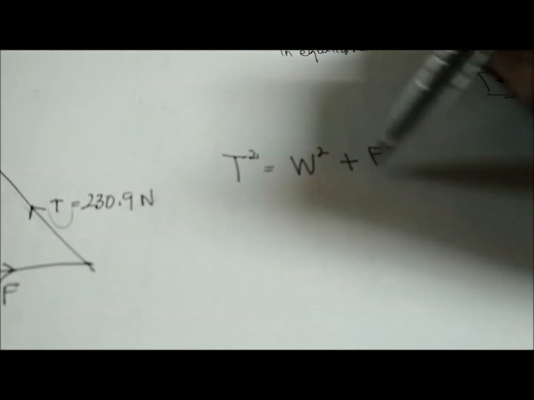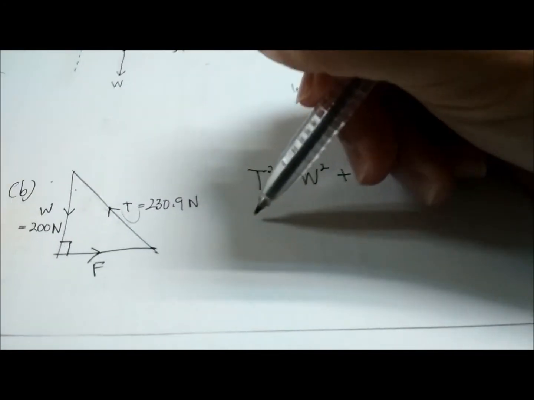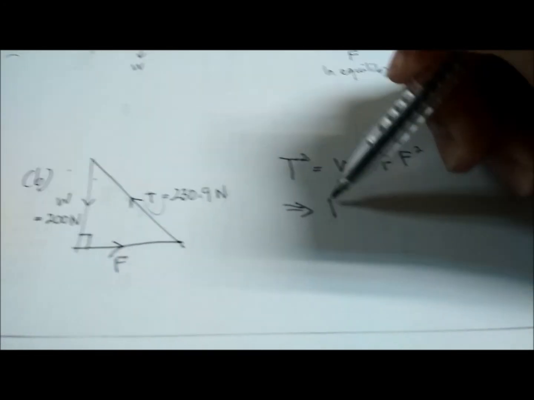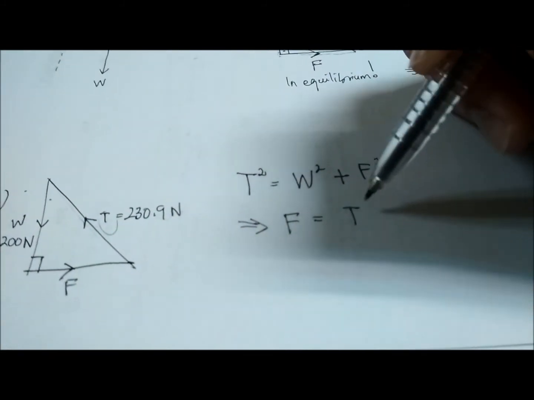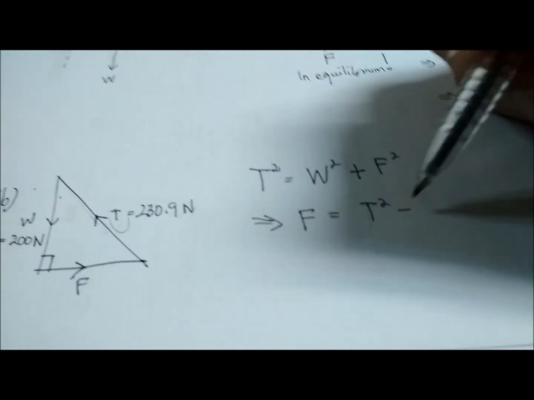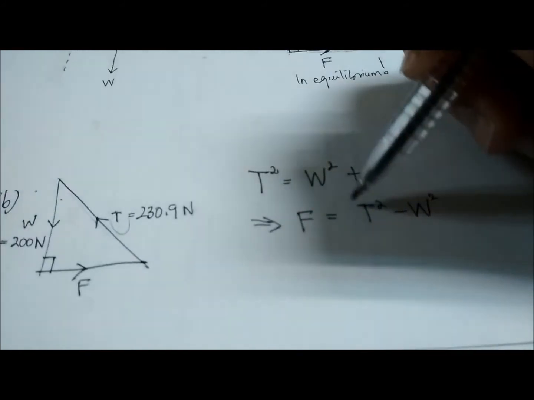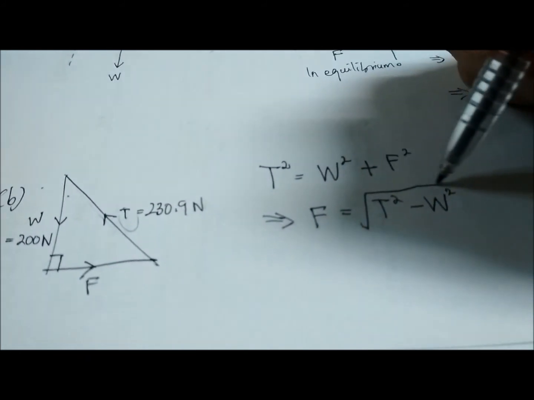And then we need to find F, right? So we need to rearrange this to get F. After you rearrange, you will get F is equal to the square root of T square minus W square.